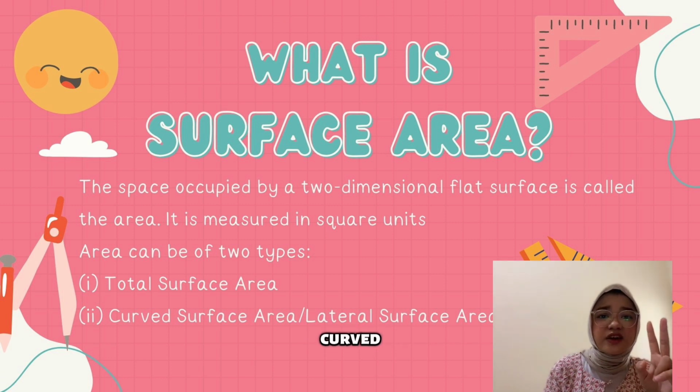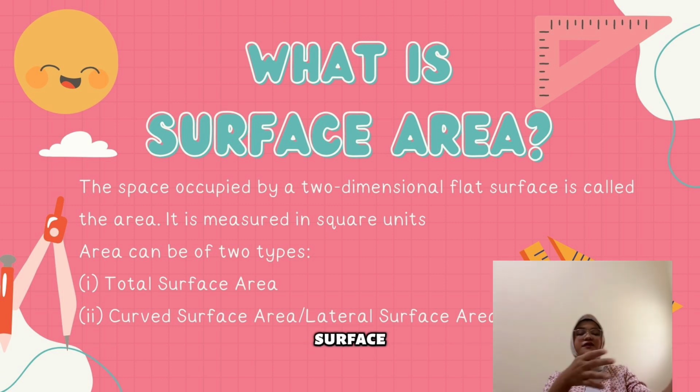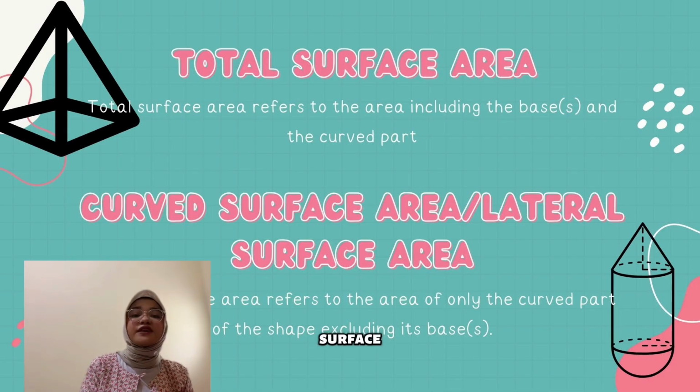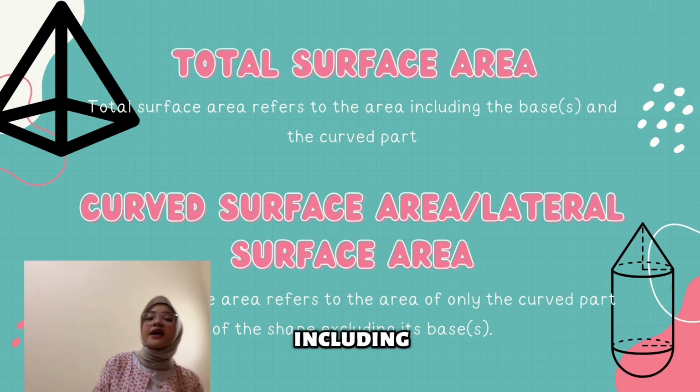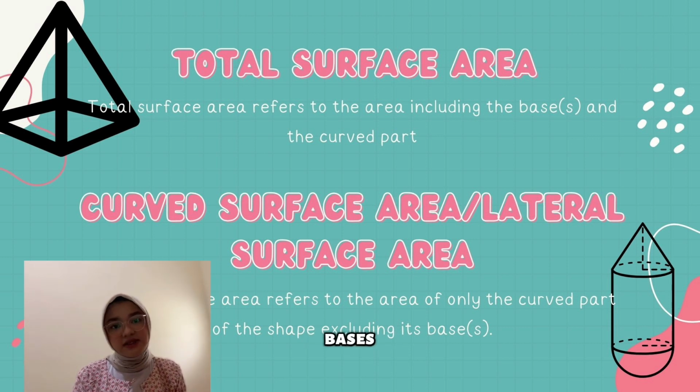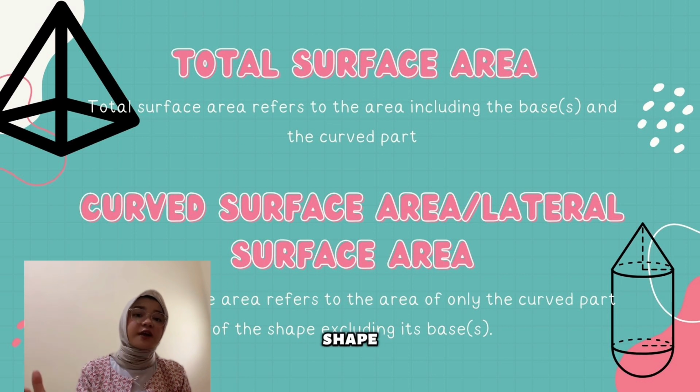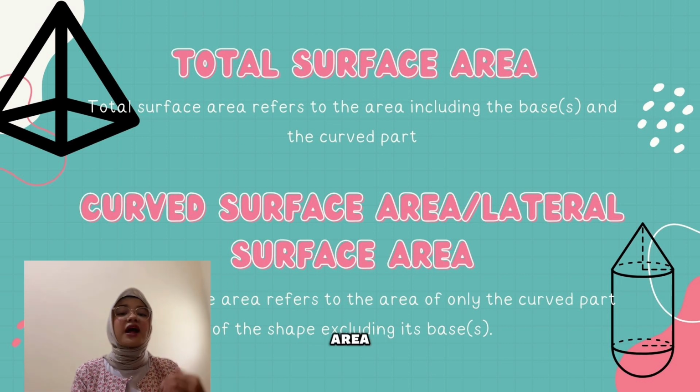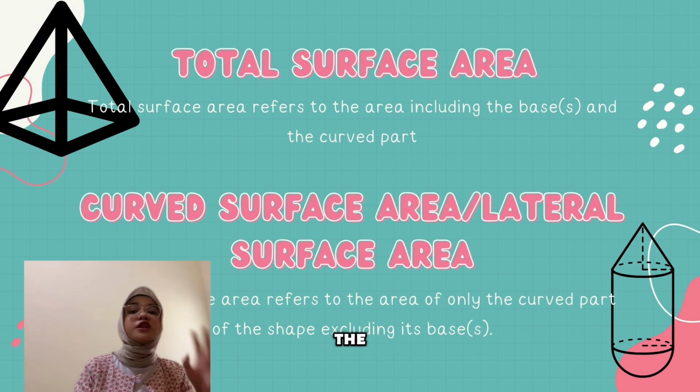Total surface area refers to the area including the base or bases and the curved part. It is the total area covered by the surface of the object. If the shape has a curved surface and base, then the total area will be the sum of the two areas.